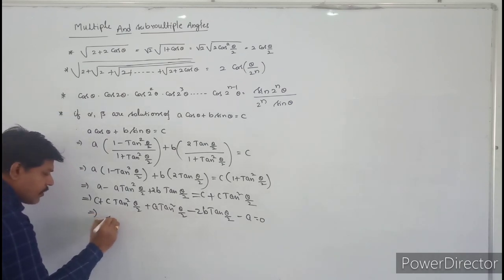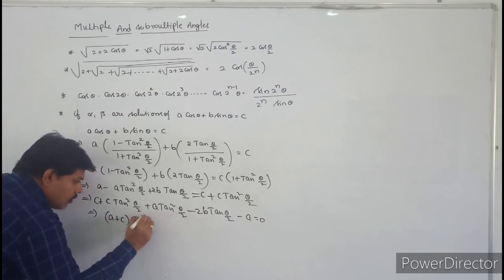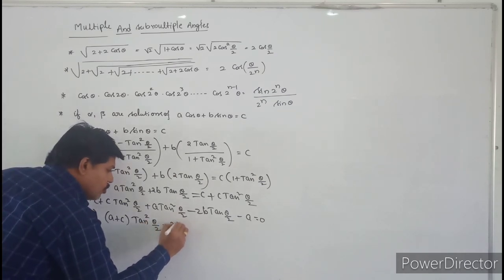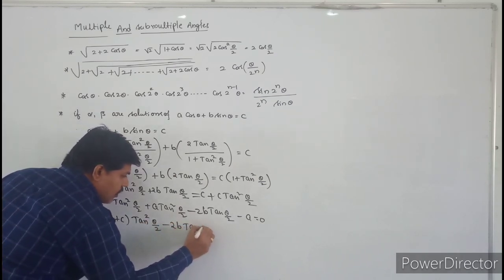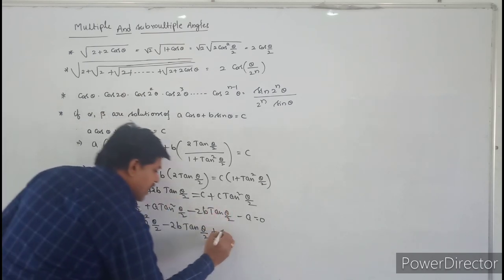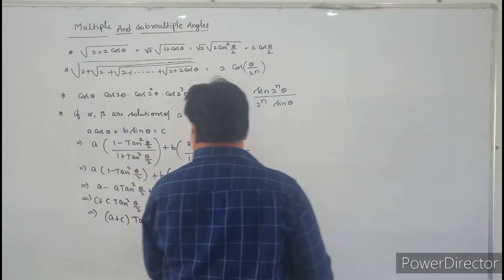That implies a plus c into tan square theta by 2 minus 2b tan theta by 2 plus c minus a is equal to 0.